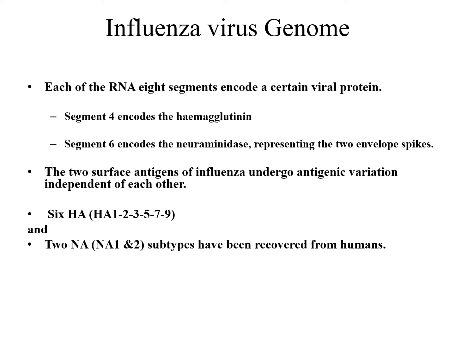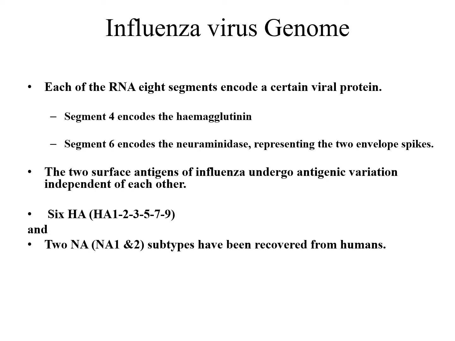But if there is an antigenic shift, then the glycoprotein most probably is going to change almost completely, and then there is no level of immunity or protection for them. So that's the significance of this. We're going to talk about antigenic drift and shift in a moment in more detail.